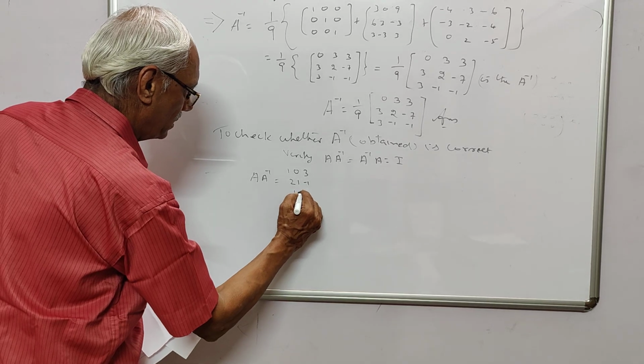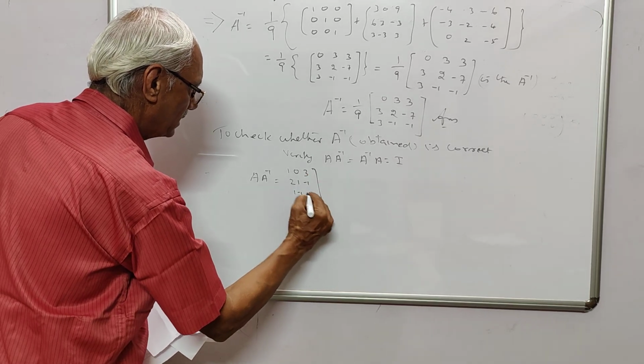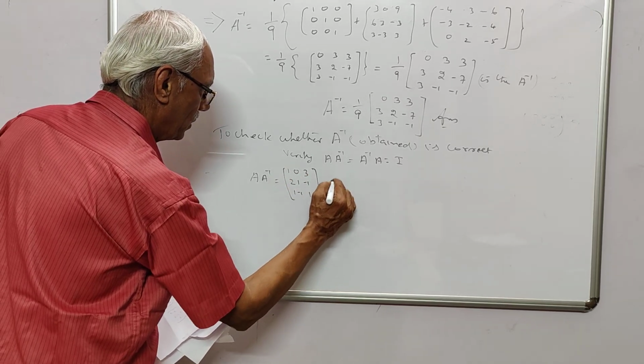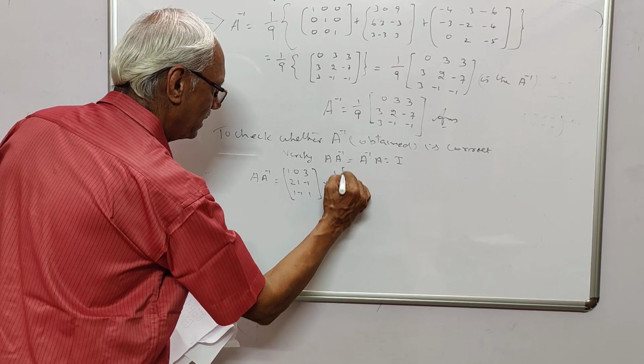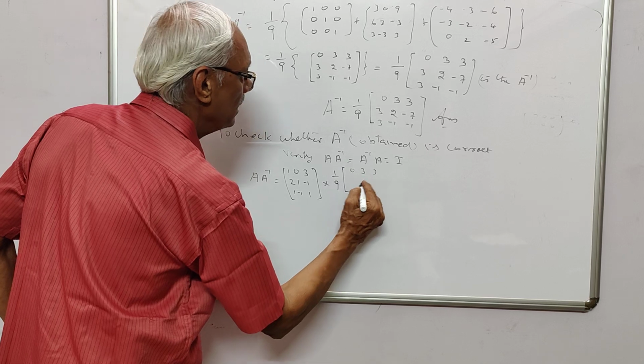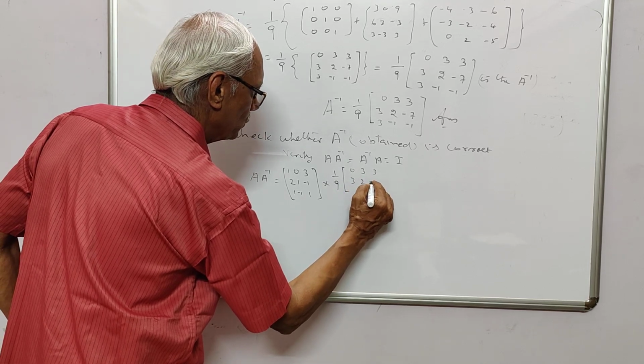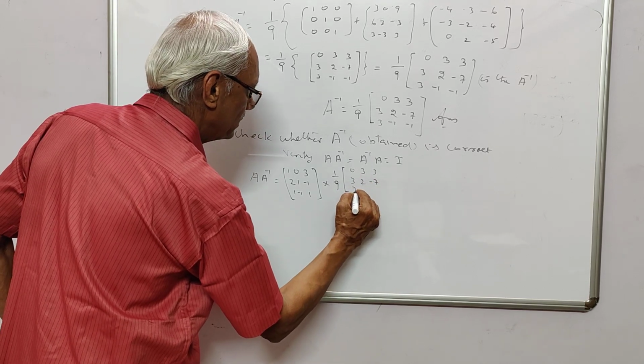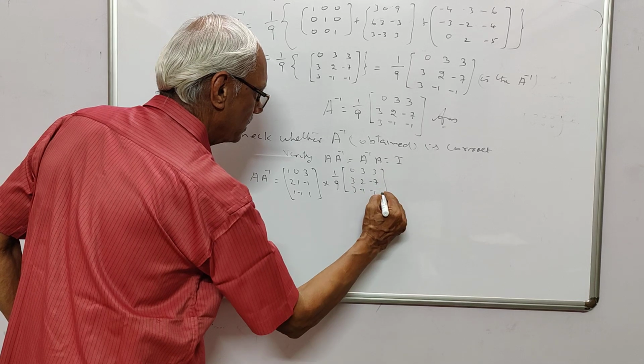1 minus 1, 1. This must be multiplied by 1 by 9 into 0, 3, 3, 3, 2, minus 7, 3, minus 1, minus 1.